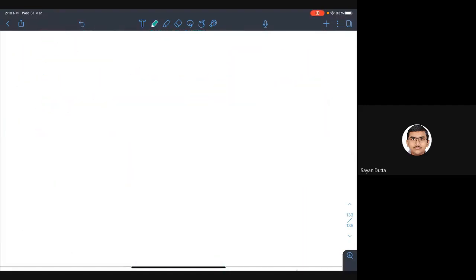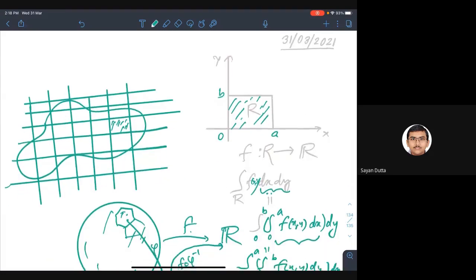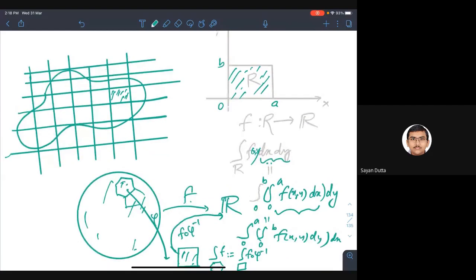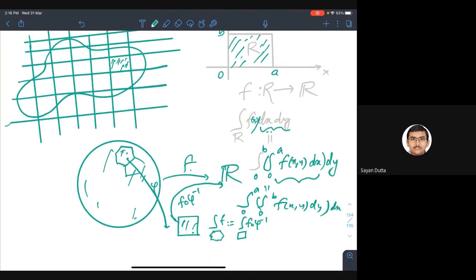So, what are the other notions that we need to integrate on a surface? The point is that a surface should be inside R3 or have some maps like that.